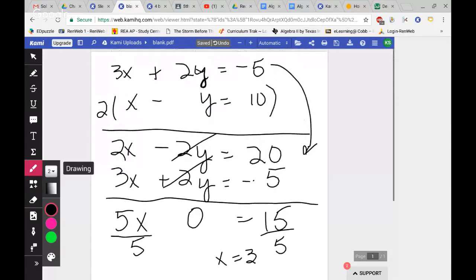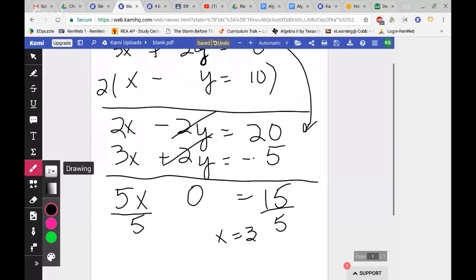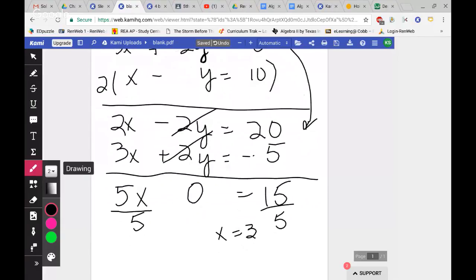And then I'll take this x and substitute it back into one of the original equations. I'm just going to go ahead with the second original equation just because everything's a little smaller. So I'm going to plug in that 3 for x in x minus y equals 10. And then I've got a minus y if I'm going to subtract 3 from both sides.